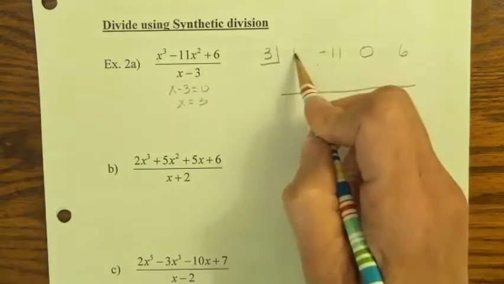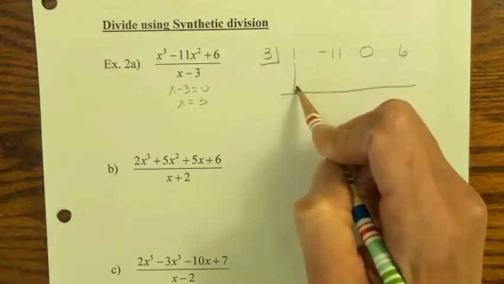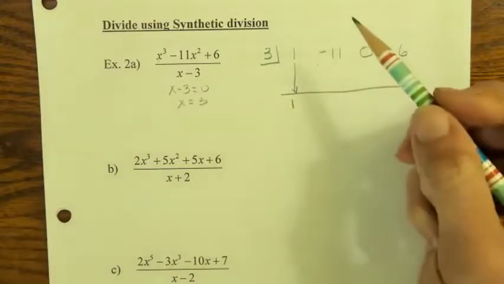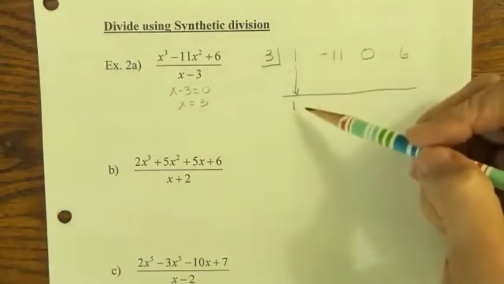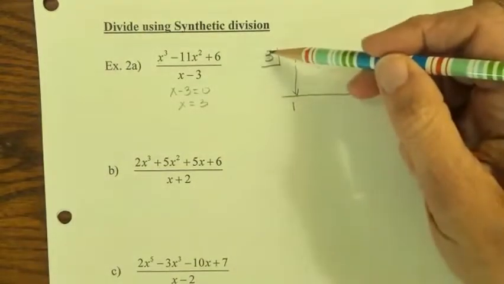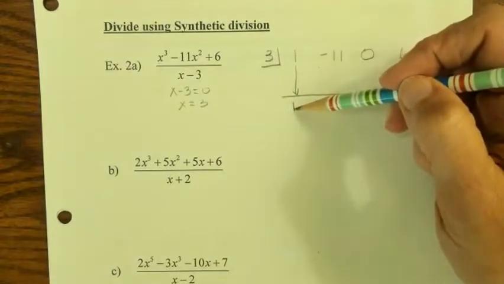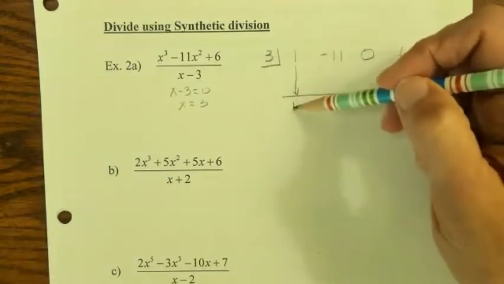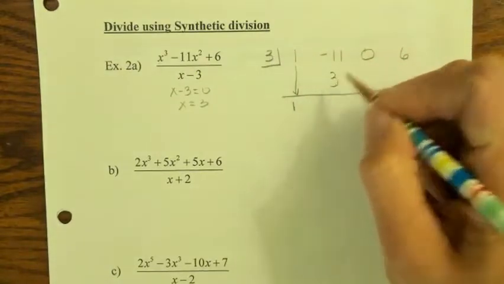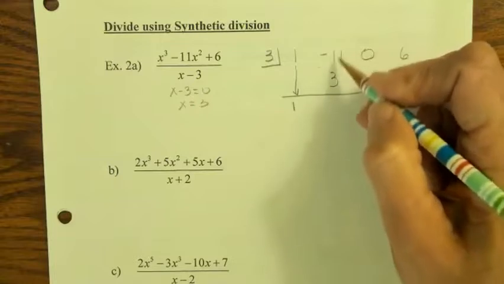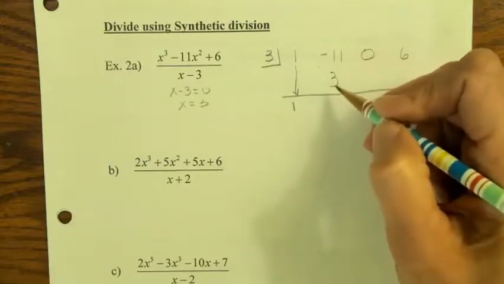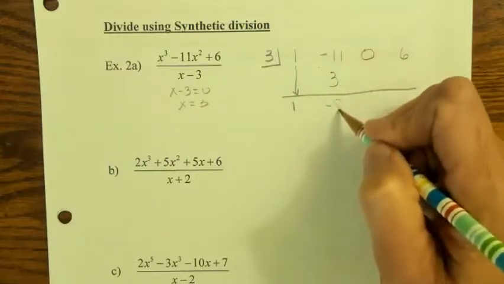This first number always gets brought down below the line, and then we start a series of multiplying and adding. So we'll multiply what's in the box by the number that's below the line. So 3 times 1 is 3, and then these numbers get added together. So negative 11 plus 3 is negative 8.